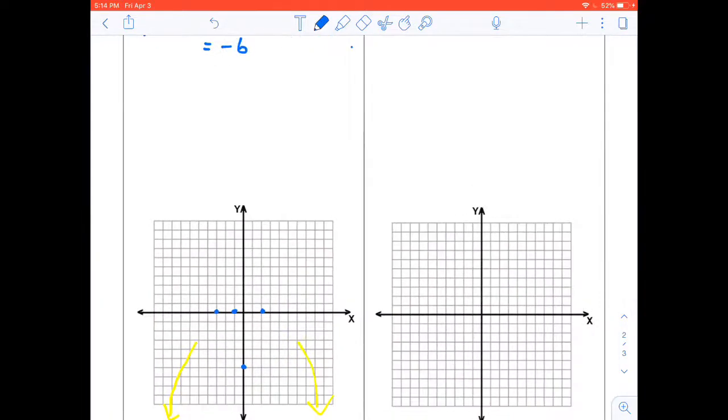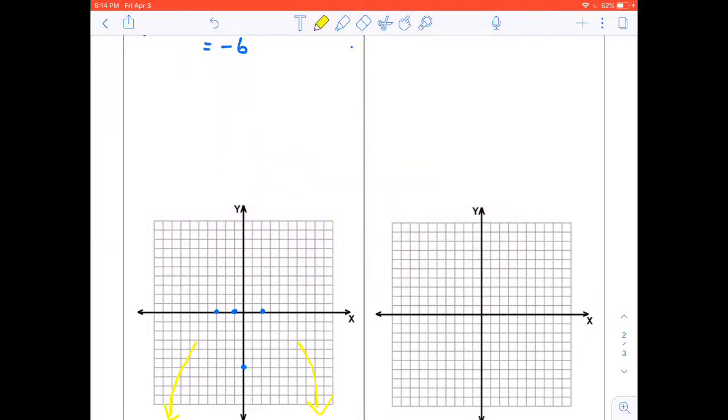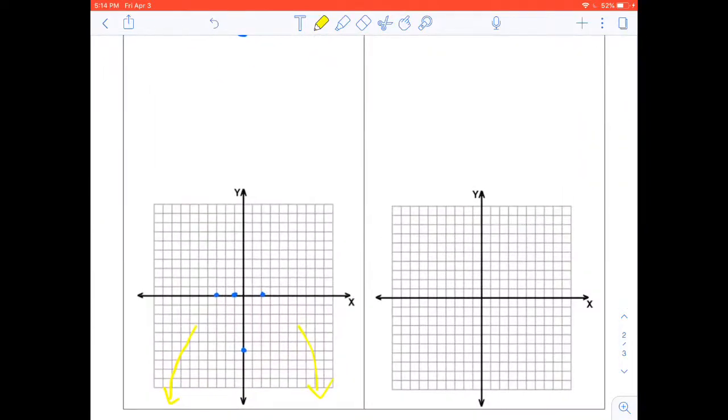And then all I have to do is figure out how my graph is going to act at each of these x-intercepts. So the one that we have on the very far left is at negative 3. And from our equation, that has an order of 1. So it's going to pass right through that one like a linear equation. So I'm going to draw this one, continue it through, and it's going to pass right through.